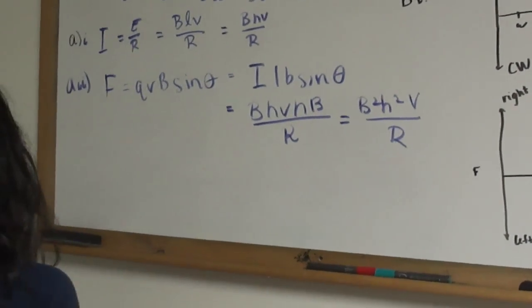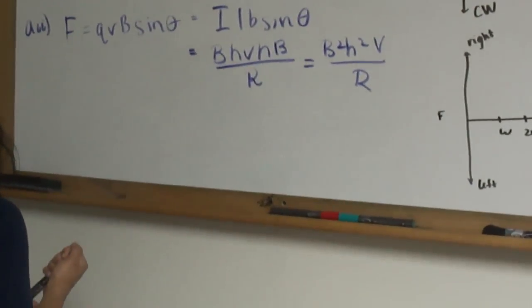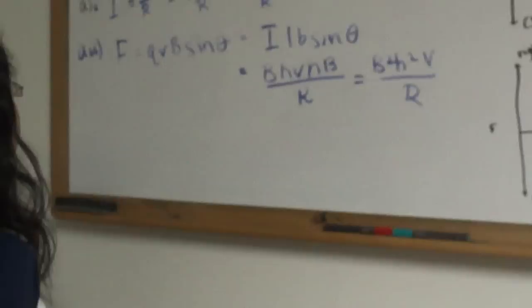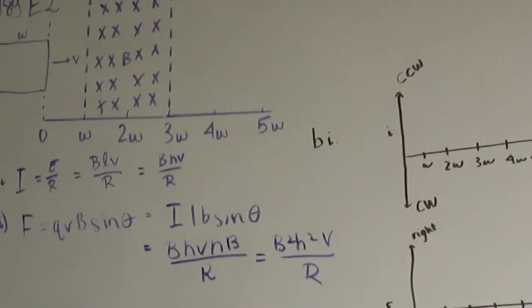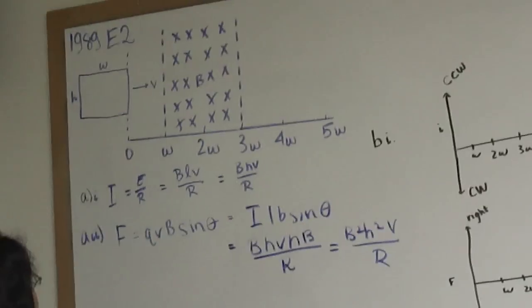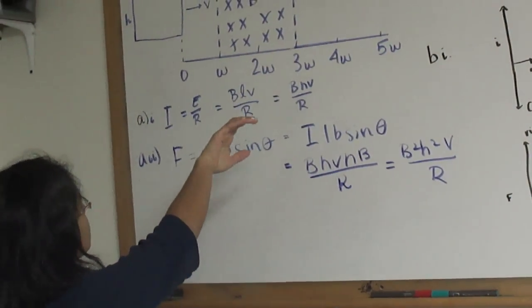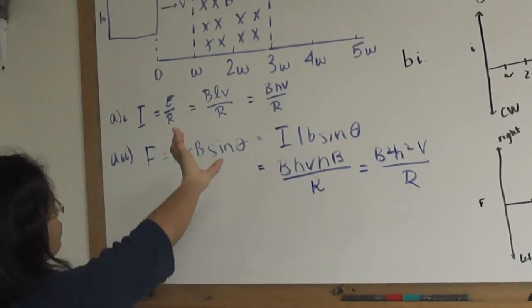Part B asks us to find the induced current I in the loop and to graph it as it progresses through. So for this, we're going to use a right-hand rule. The magnetic field is into the board, and the velocity is to the right.